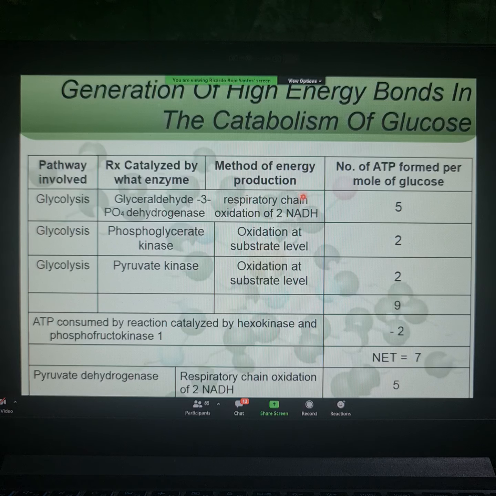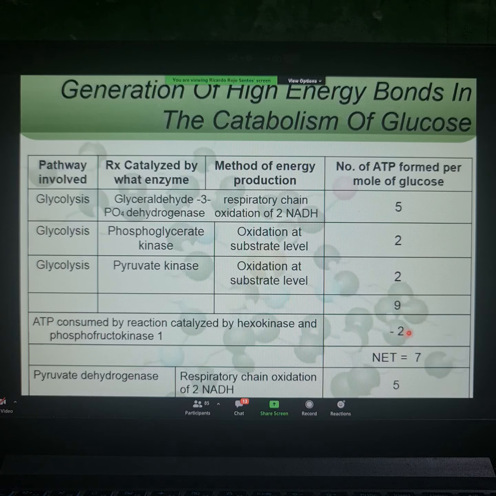Method of energy production, respiratory chain oxidation of 2 NADH, 2.5 times 2, 5. That's the P/O ratio for NADH. Then you have 2 substrate level phosphorylation. Okay? And you produce 2 there and 2 there. And that will give you 9, a gross of 9 molecules of ATP.